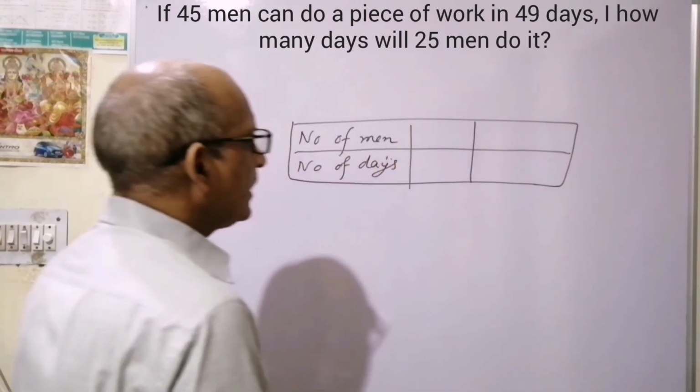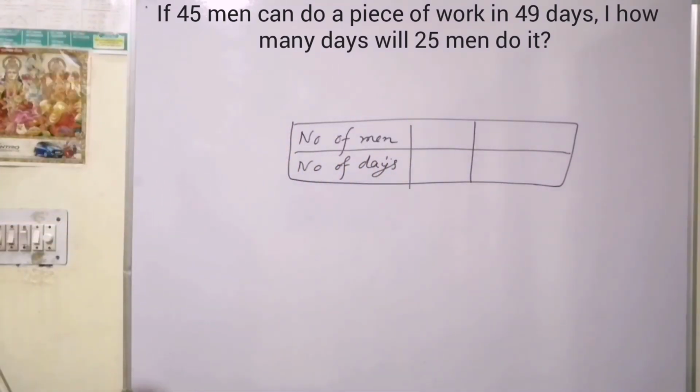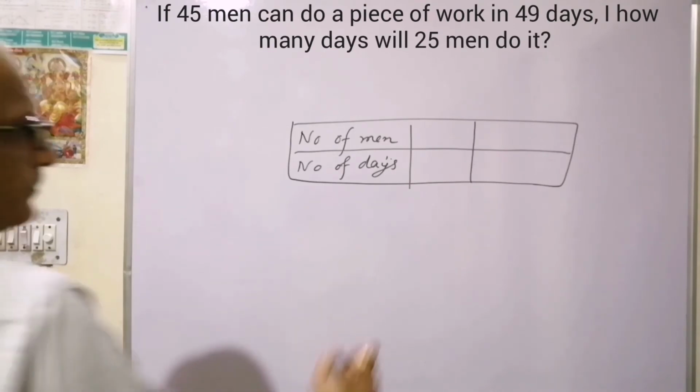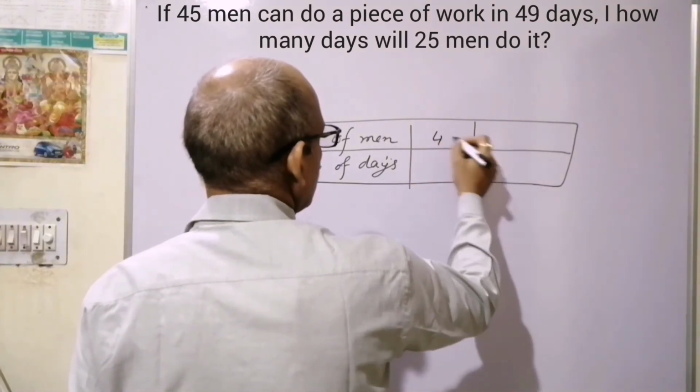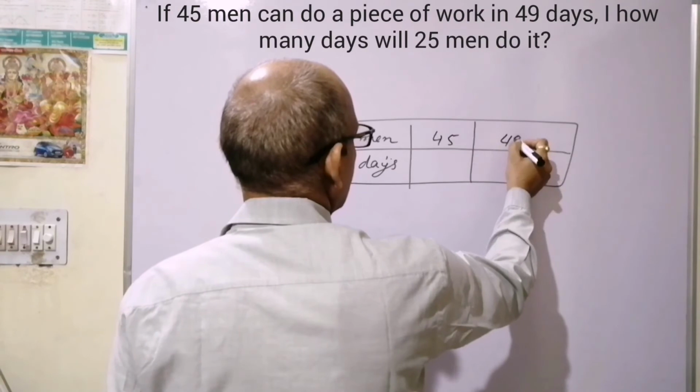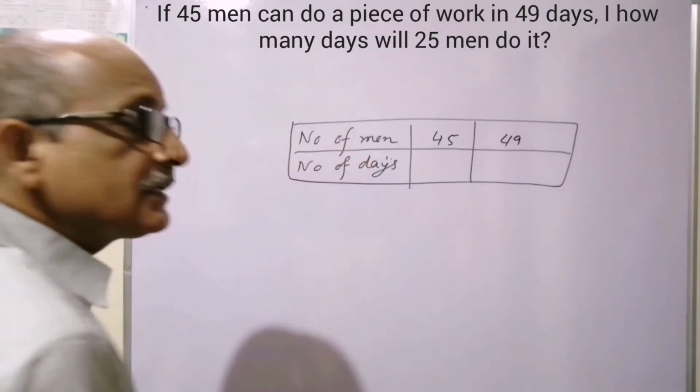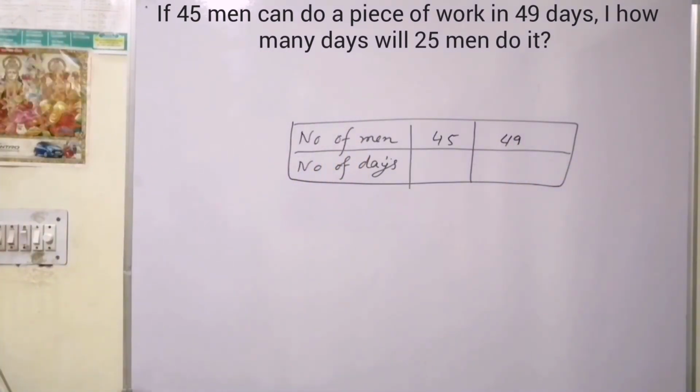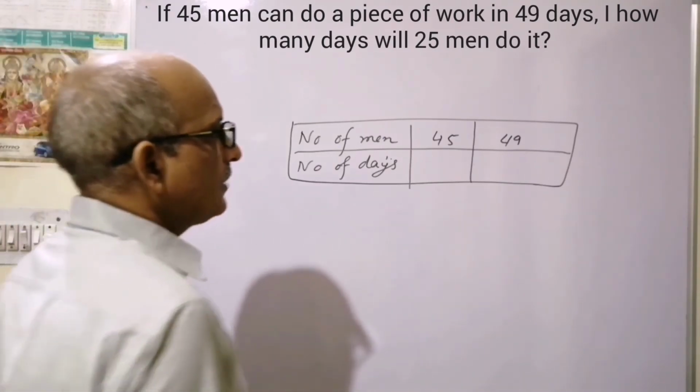So it is given here that when the number of workers is 45, then they are going to finish the job in 49 days. Now the next is, if the number of workers is 35, then how many days?